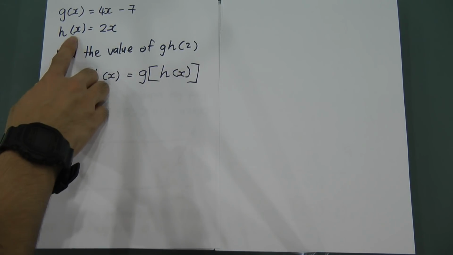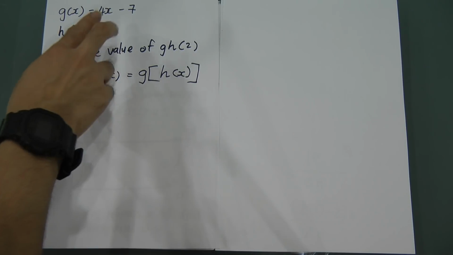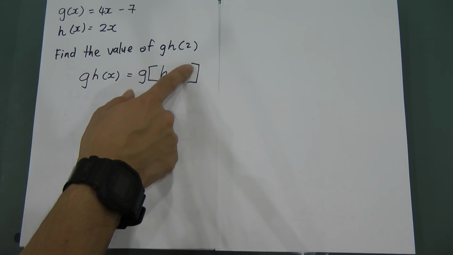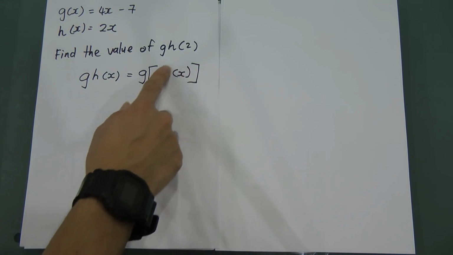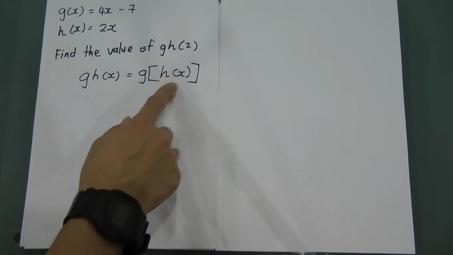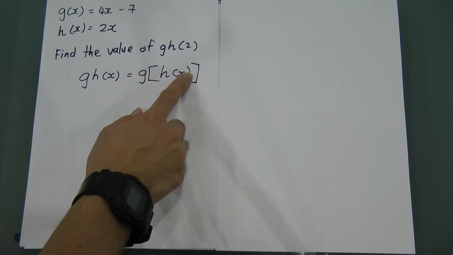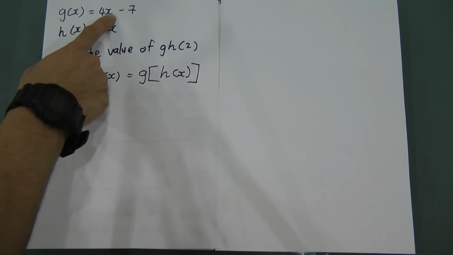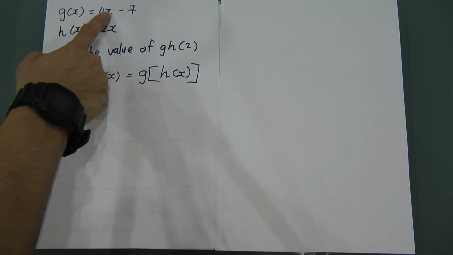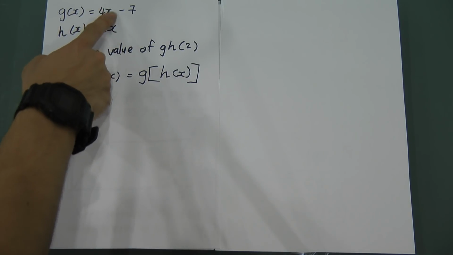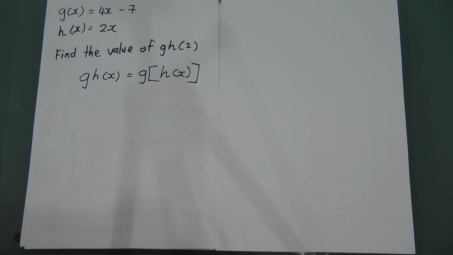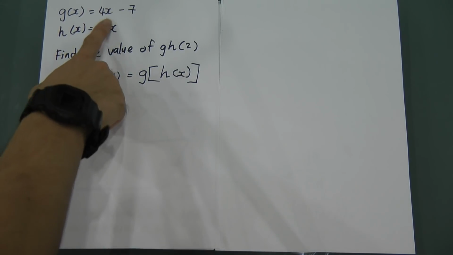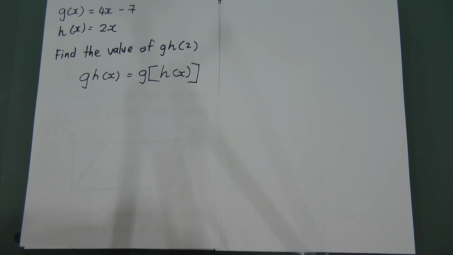If h(x) is 2x, I have to put the whole 2x into g. When g(x) equals 4x minus 7, it will become 2x minus 7, because x will become 2x.